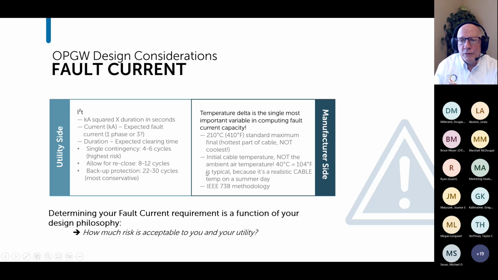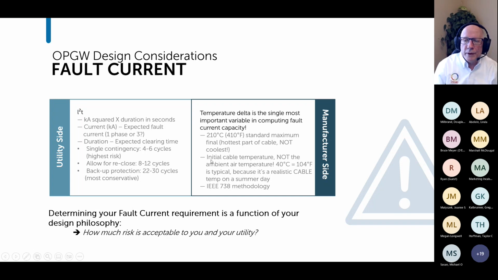And then on the cable manufacturer side, when you look into this in detail, it's important for you to make sure that your suppliers are all using the same parameters in their calculation, and in particular the same methodology.